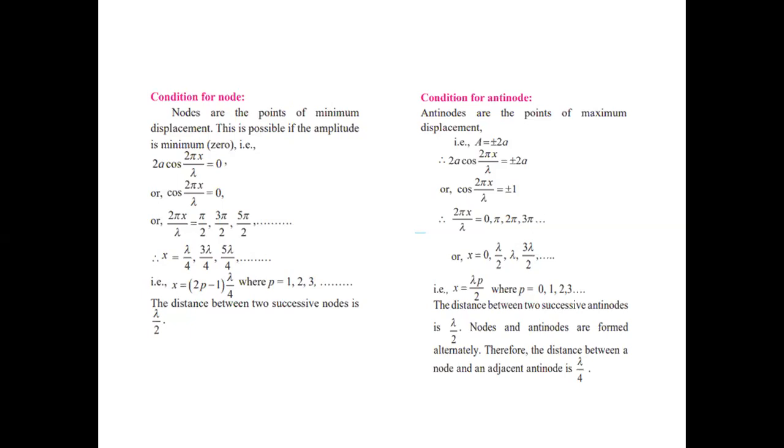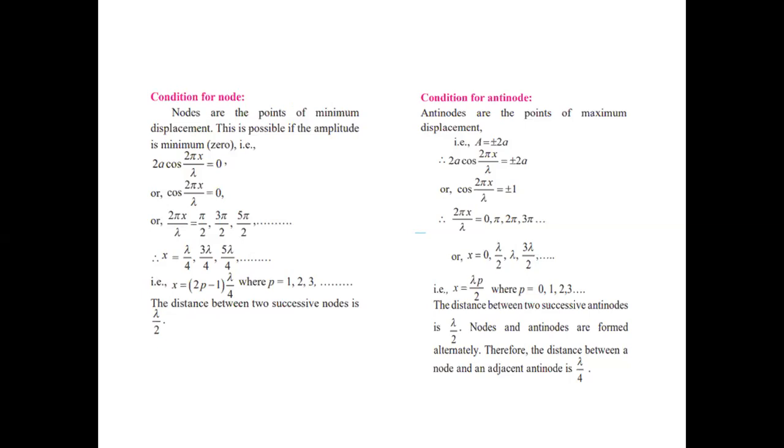After solving this for x, we get various values as x is equal to lambda upon 4, 3 lambda upon 4, 5 lambda upon 4, 7 lambda upon 4 and so on.